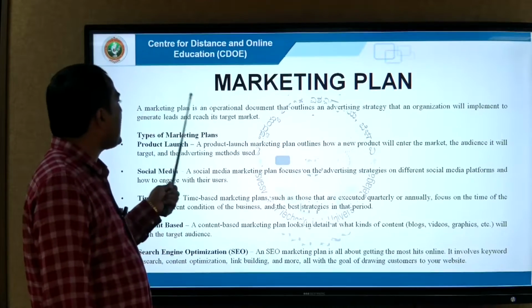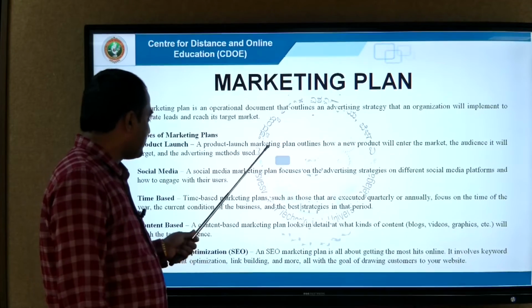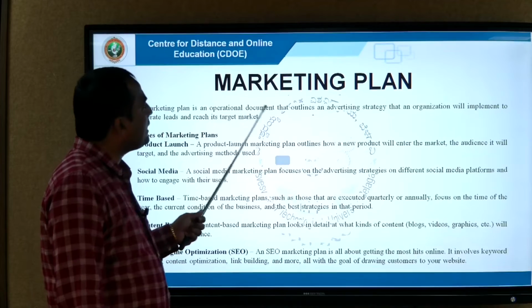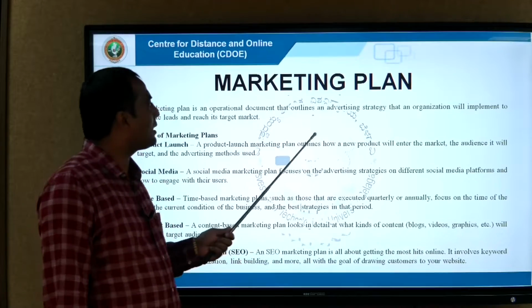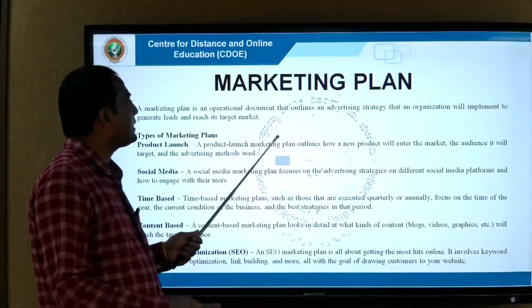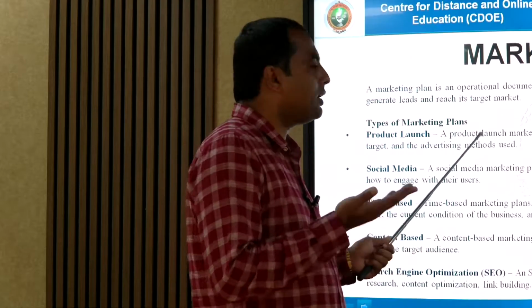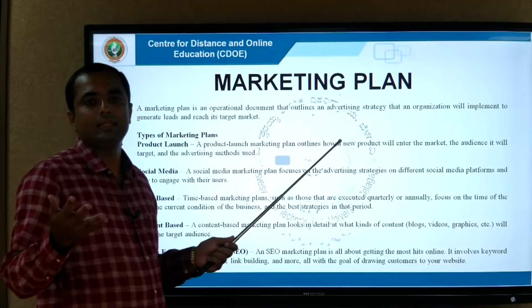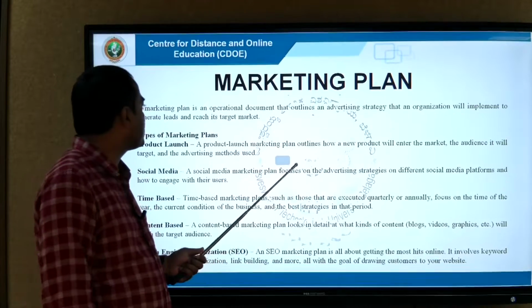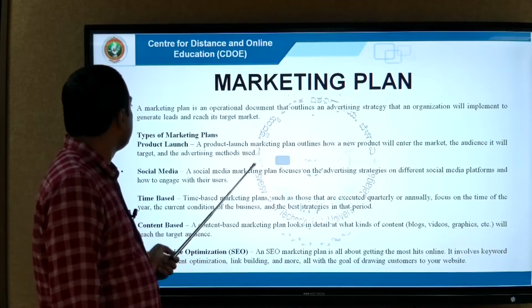So, it is a document which outlines the strategy of an organization that can be implemented in order to generate leads and also to reach its target customers or target market.